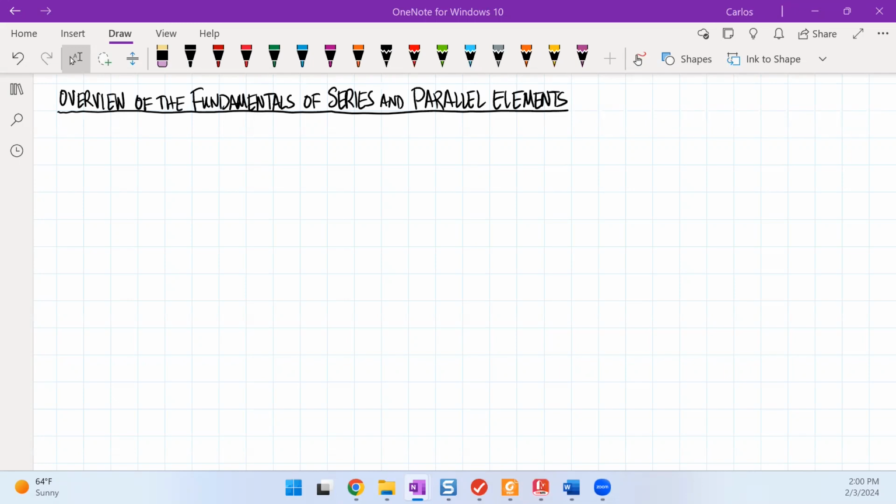Overview of the fundamentals of series and parallel elements. Kirchhoff's laws are the governing laws of circuits. All techniques are derived from Kirchhoff's laws.